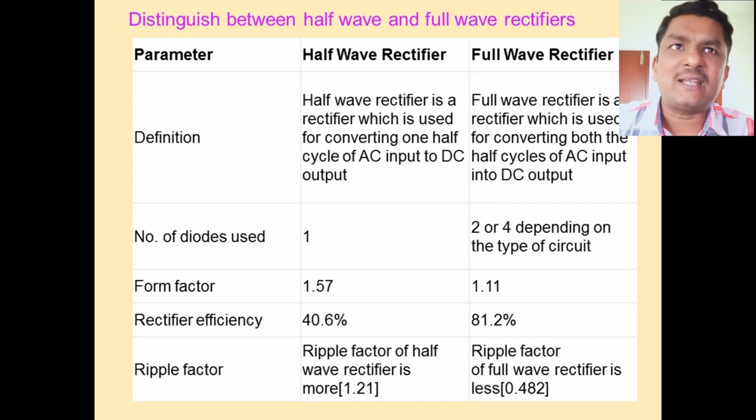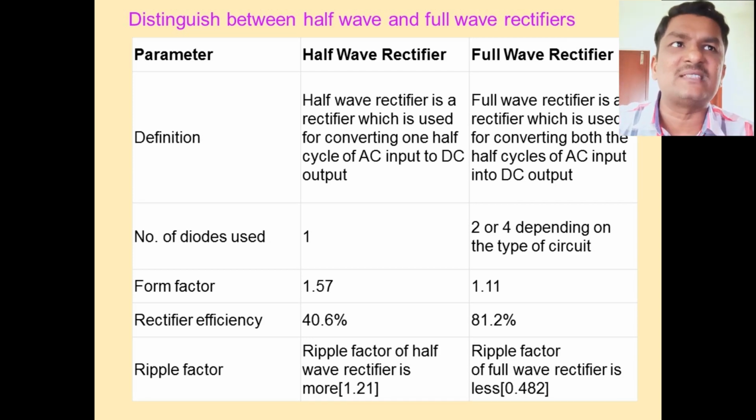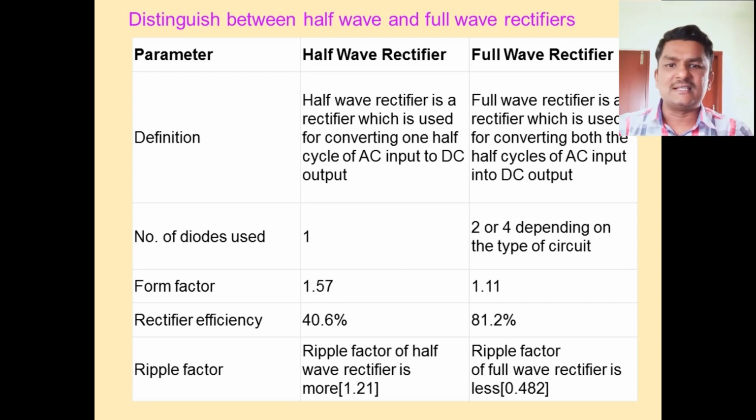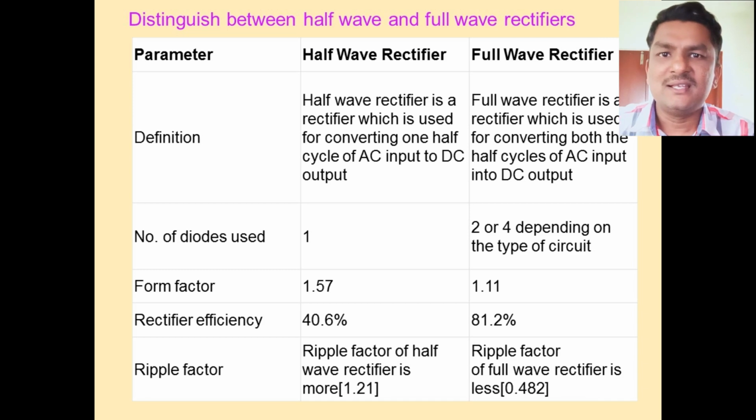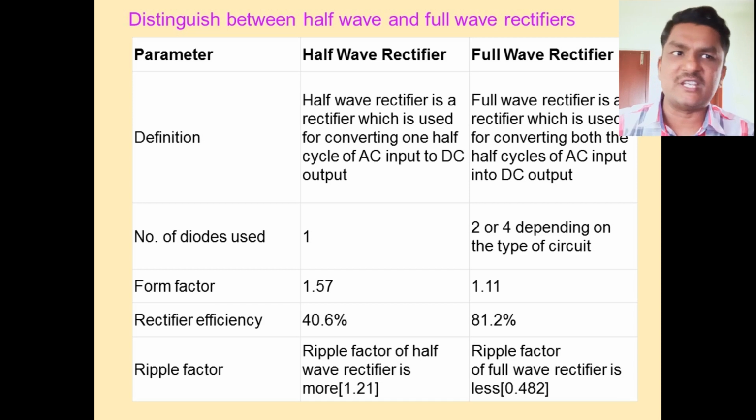Form factor: for the half wave rectifier, the form factor is 1.57. For full wave rectifier, the form factor is 1.11. The rectifier efficiency is 40.6% in the case of half wave rectifier, and in the case of full wave rectifier, the rectifier efficiency is 81.2%.